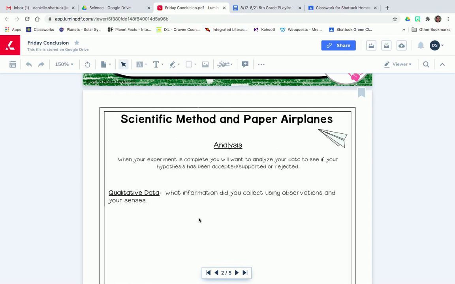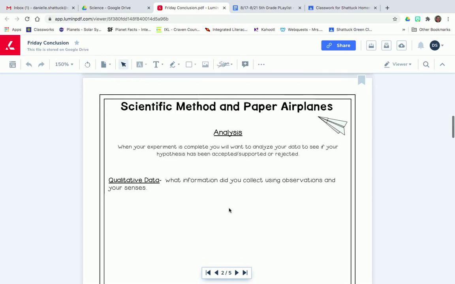What caused the change? The independent variable causes that change. The dependent variable doesn't change. I made the same paper airplane, but I changed the paper. The dependent is the same paper airplane. The independent would be the change in the paper. And the constants were the things that always remained the same.